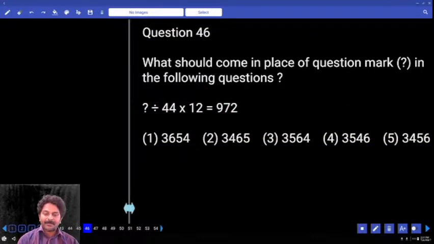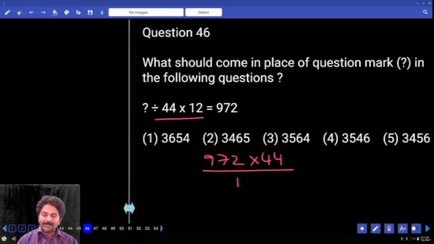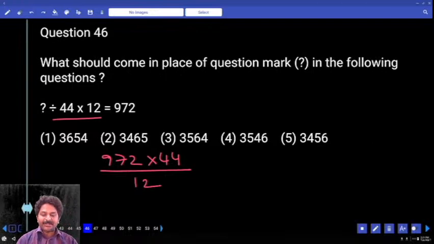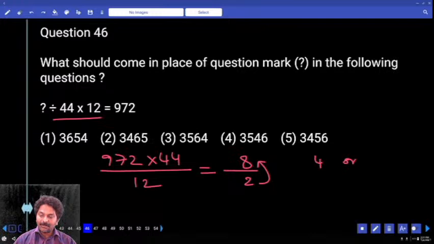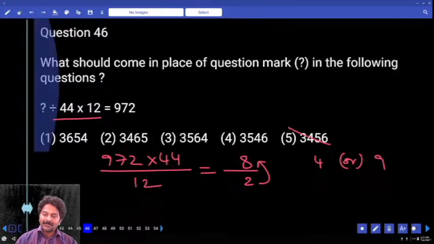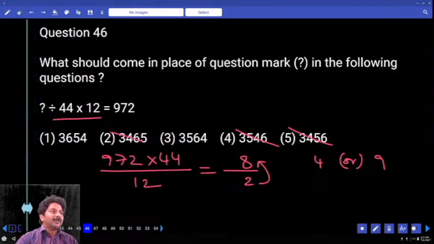These two go to the right hand side: 972 into 44 by 12. Correct? Come on. Numerator ends with 8, denominator ends with 2 into which number ends with 8? Either 4 or 9. 3 options eliminated. Now 2 options are there.